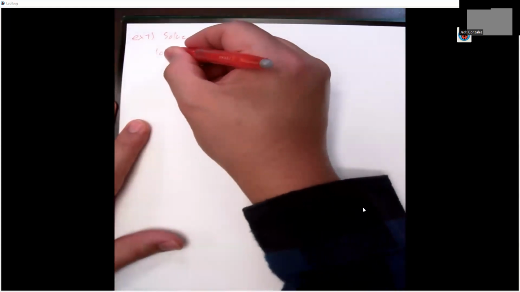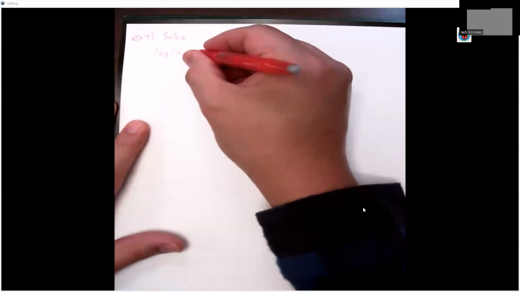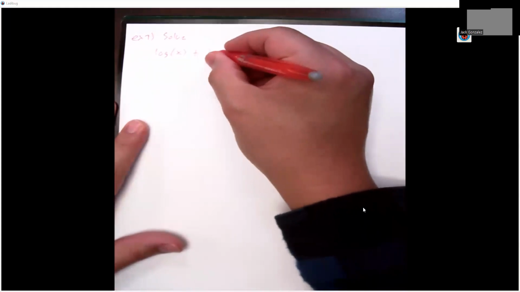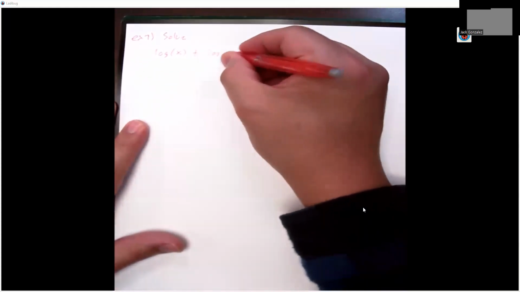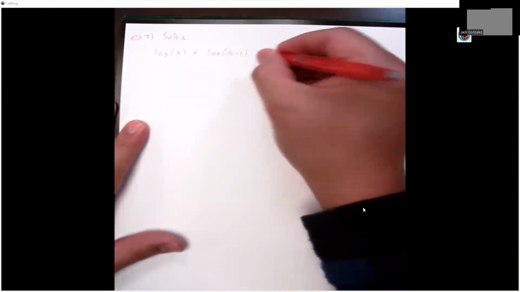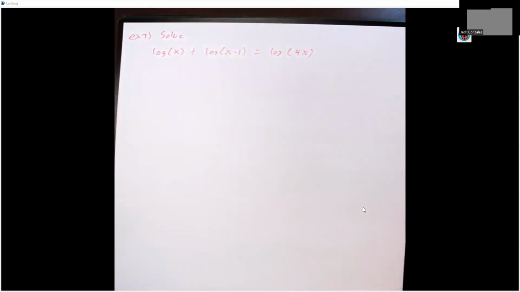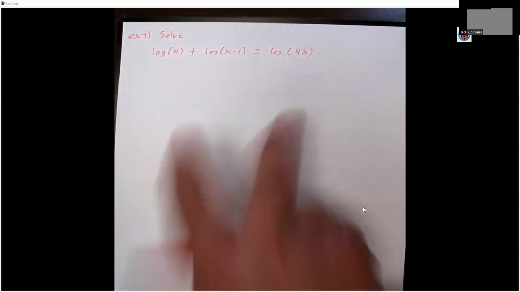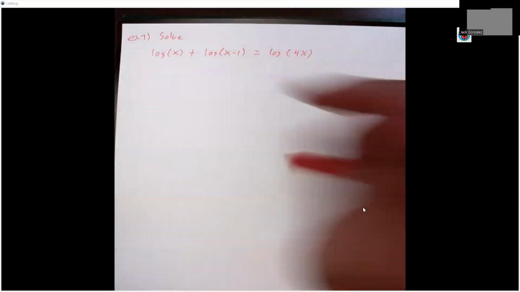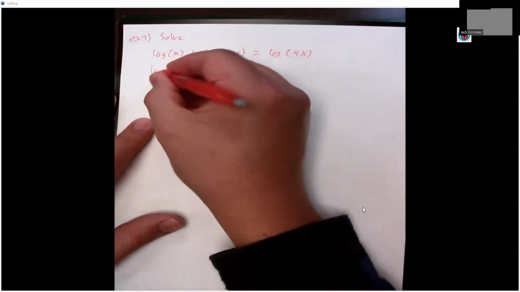So when you're solving for a log equation, you want to combine all logs before you cancel or try to cancel anything. The first thing is combine this side using your product.